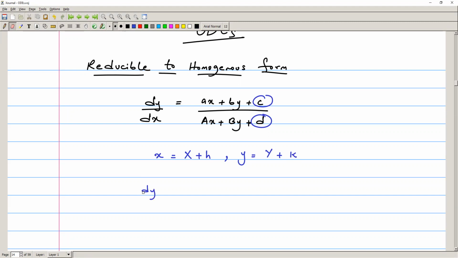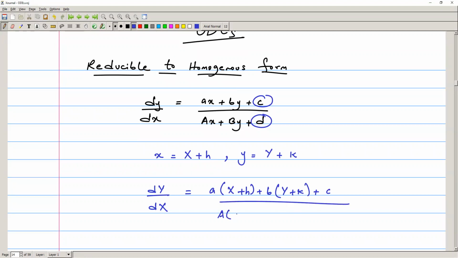Now dy over dx will be transformed to capital Y over capital X, which will be equal to a times (X plus h) plus b times (Y plus k) plus c, over a times (X plus h) plus b times (Y plus k) plus d.